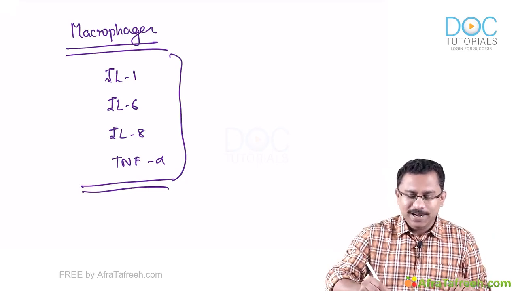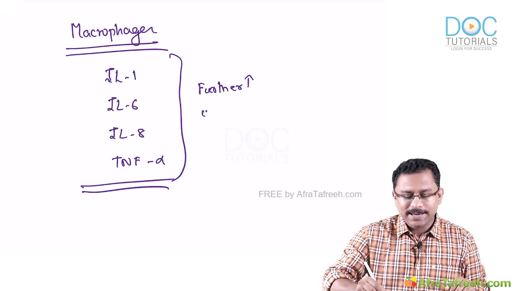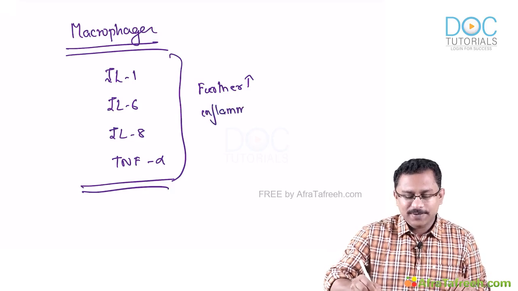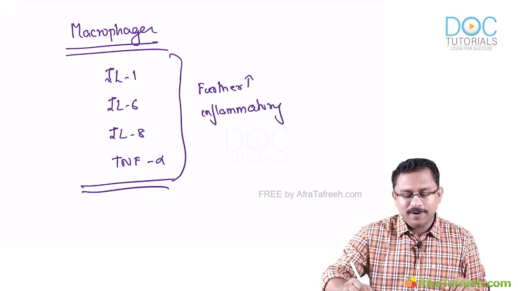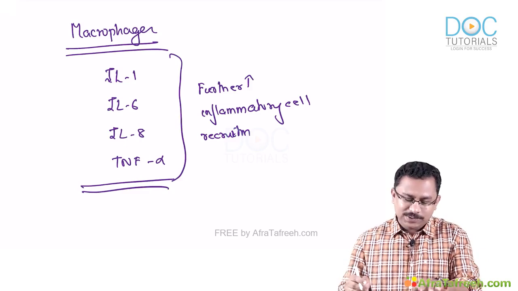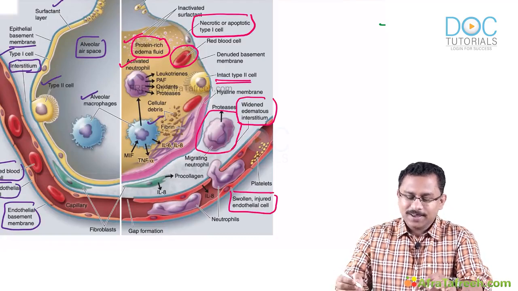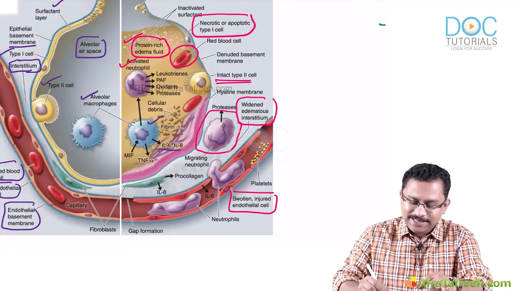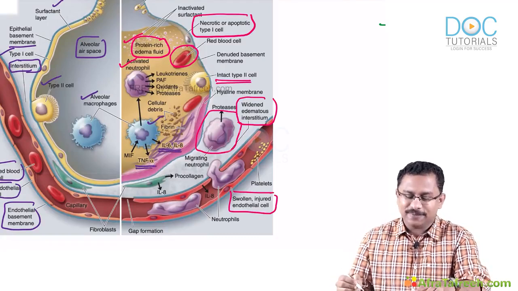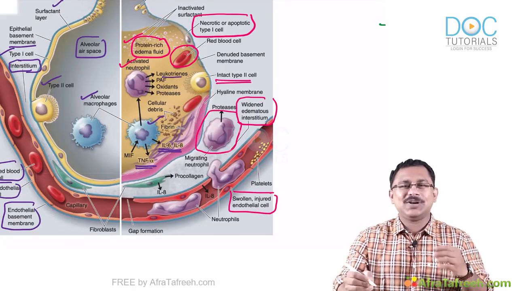So they will further increase inflammatory cell recruitment. Okay, and then what happens? You see here, this blue cell is the macrophage. You can see the IL-6, IL-8, TNF alpha, all these cytokines.